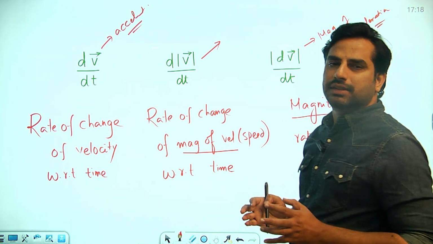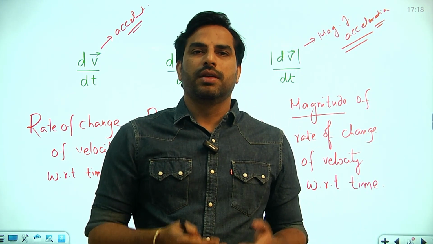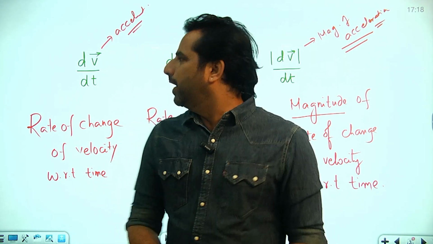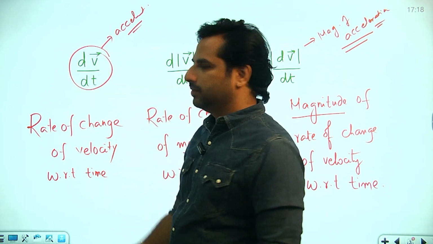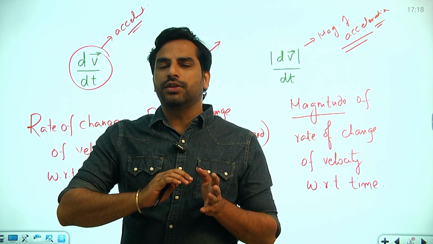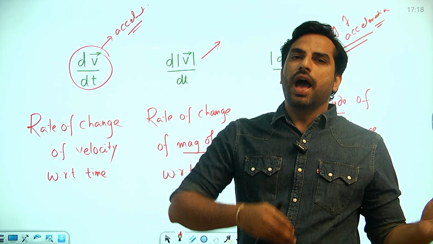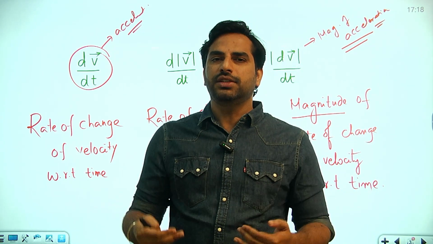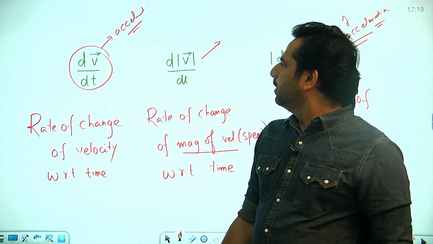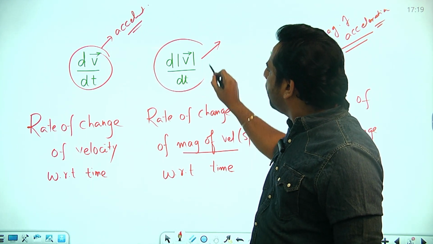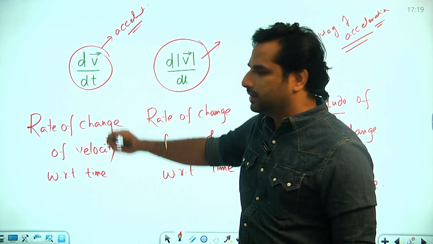Basically, velocity is a vector. It has got two components, magnitude and direction. When I do dv bar by dt, I'm talking about the rate of change of velocity. It means the rate at which the magnitude as well as direction changes with respect to time. So d modulus of v bar by dt is a part of this, isn't it?